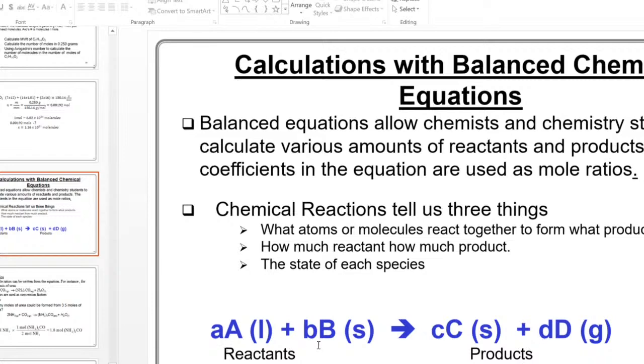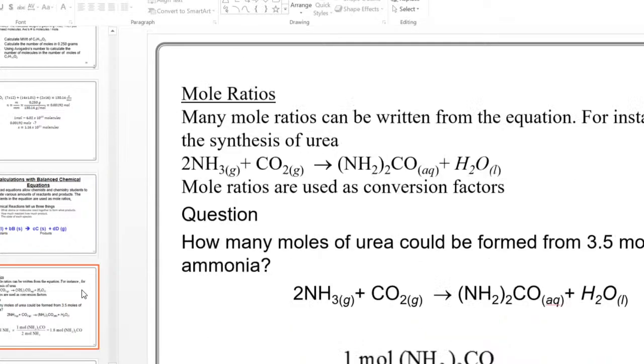Small letters a, b, c, and d stand for the stoichiometric coefficients, which are also used as mole ratios. So many mole ratios can be written from the equation.